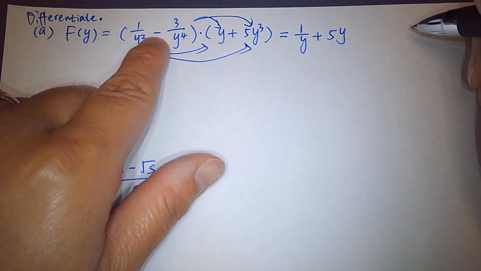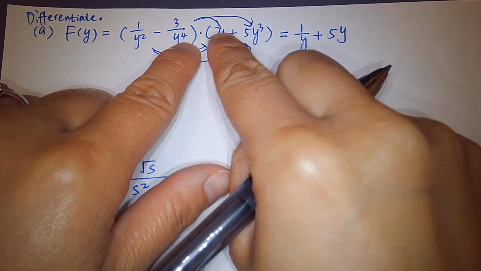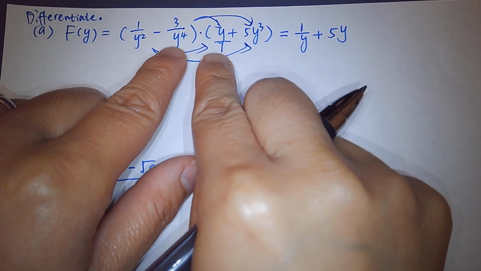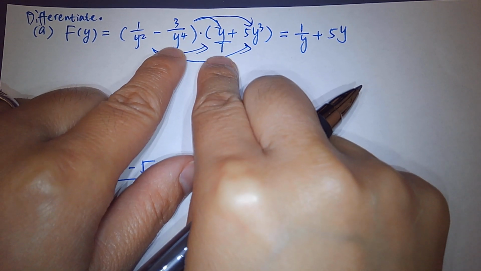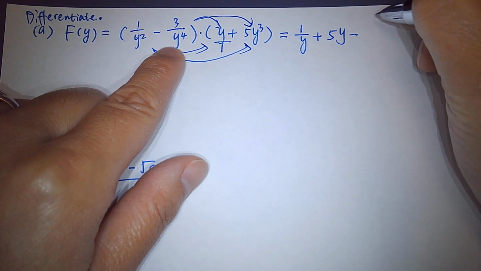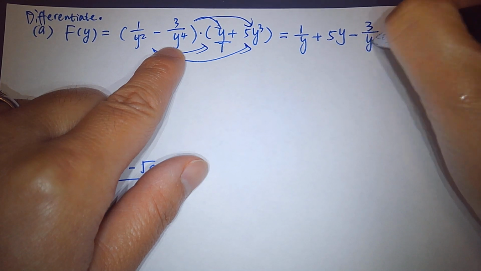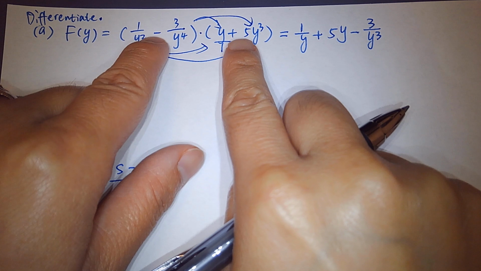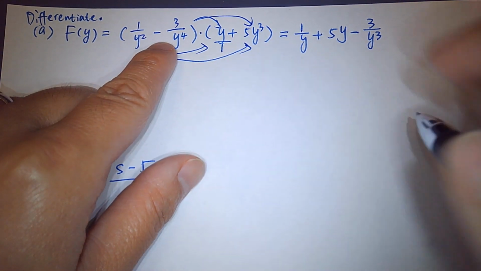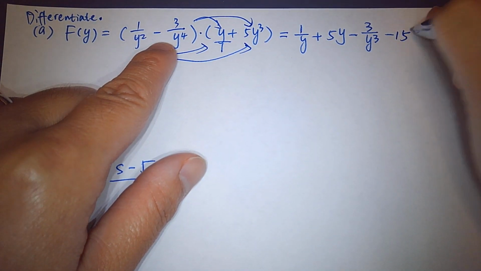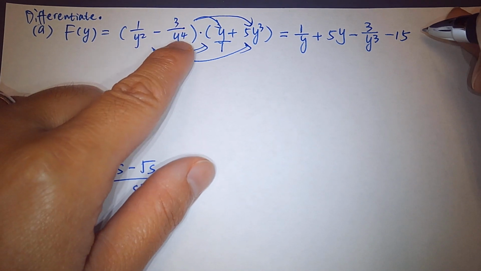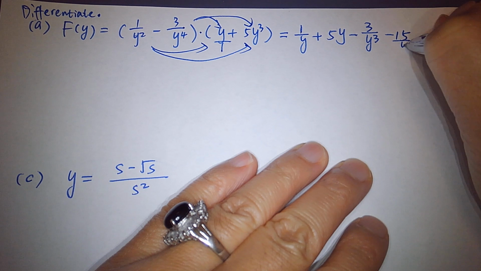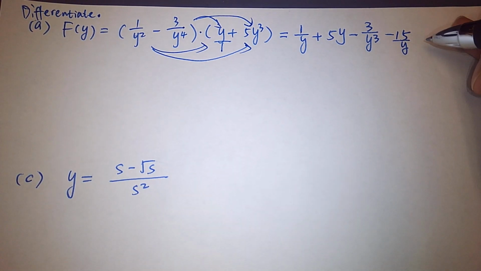And then negative 3 over y to the fourth power times y, which is y over 1. So these two terms multiplied together give us negative what? 3 over y to the cube, yeah, right, y third, okay, very good. And then negative 3 times a positive 5 gives us negative what? 15. And then 1 over y to the fourth times y to the cube is actually 1 over y, right?